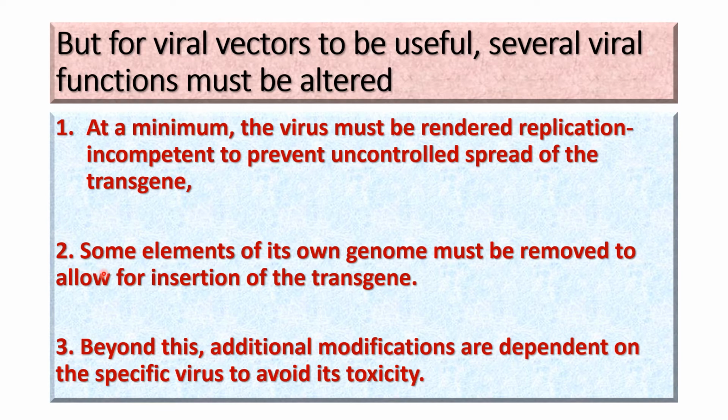Second, some elements of its own genome must be removed to allow for insertion of the transgene. Third, beyond this, additional modifications are dependent on the specific virus to avoid its toxicity.